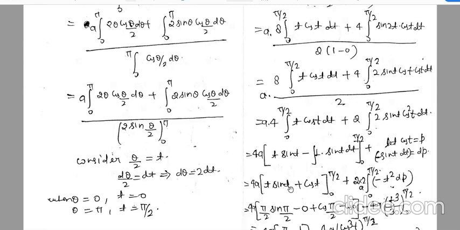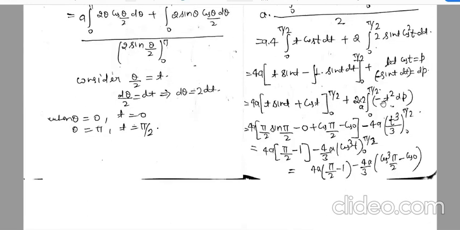So 4a t sin t minus the integral of sin t, which is minus cos t, so minus minus will be positive, from 0 to pi by 2, plus 2 into 2, which is 4, a is also here, and sin t dt you are writing as minus dp, and cos square t means p square here. Okay, here p square, right?